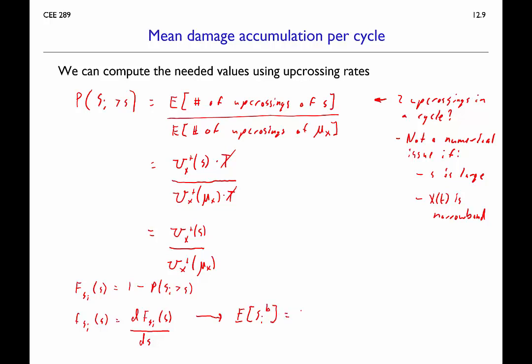Just using the definition of an expectation, I can talk about finding the expected value of SI to the B. So we'll use a dummy variable y in place of SI, so we'll call that y to the B. Then we need the probability density function for SI evaluated at y, and we're just going to integrate over all y's. And we're just going to look at positive stresses here, so let's call this 0 to infinity.